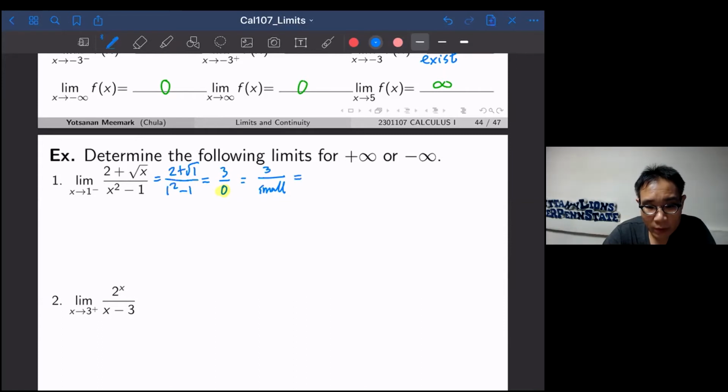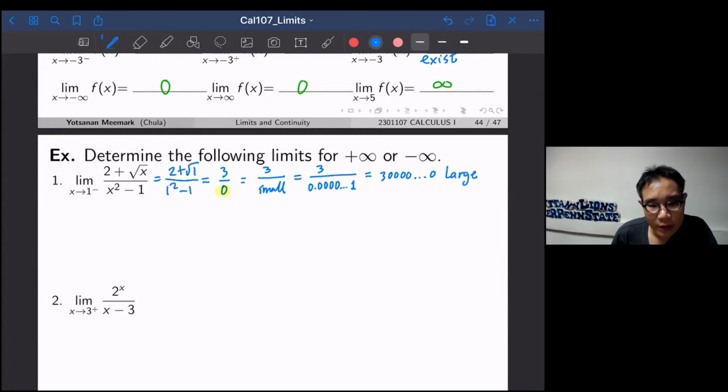However, in terms of limit, it's not going to approach 0. It's going to be 3 over something very, very close to 0, like 0.0000 and then 1. If you have 3 over something like this, you're going to see that this is going to be 3 with many, many zeros, so it turns out to be really large.